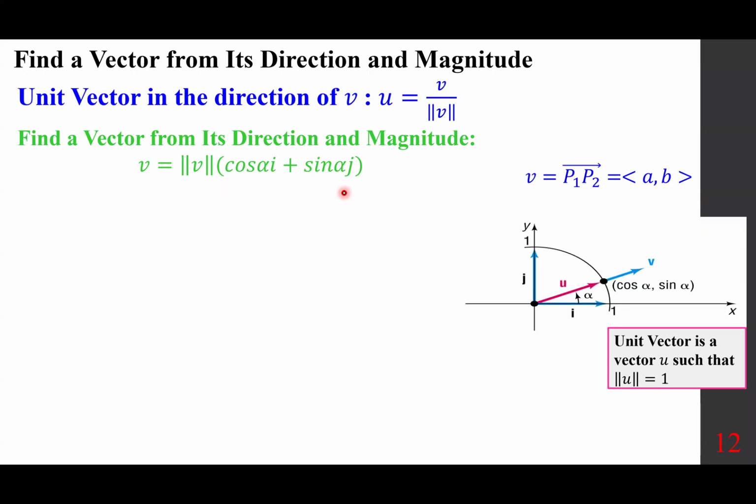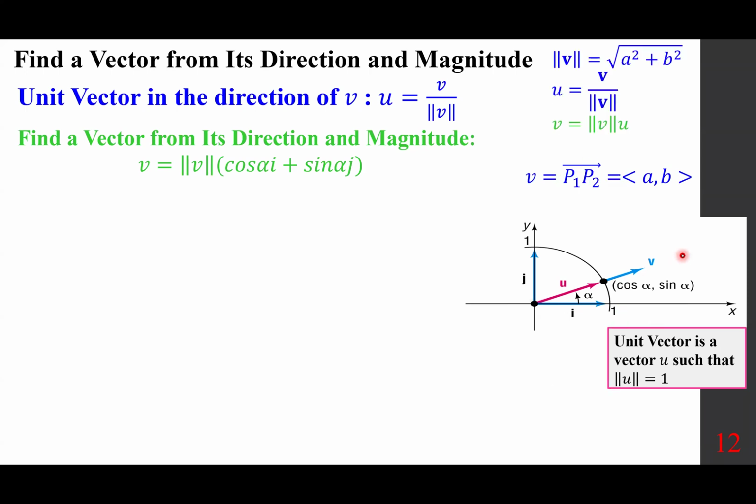So the idea is that cosine alpha, sine alpha represents a unit circle. Unit vector. And so when you multiply by its magnitude, that gives you the vector actually.